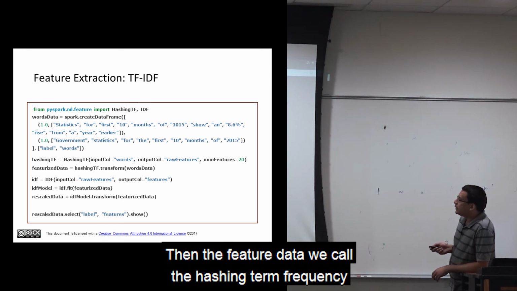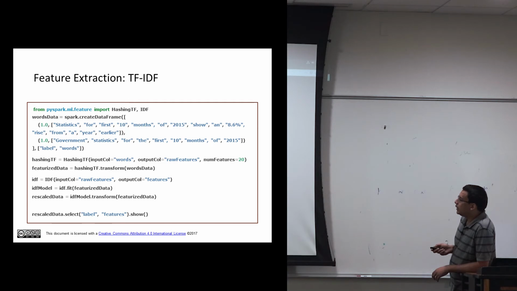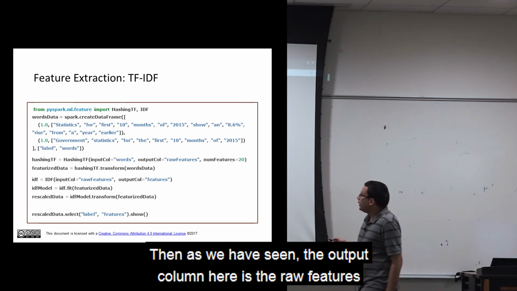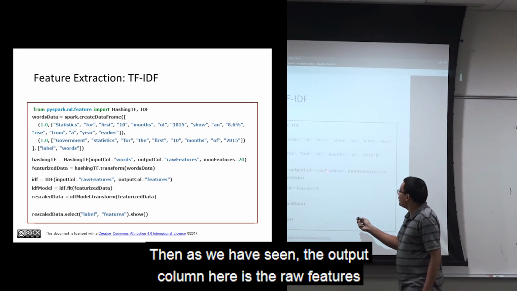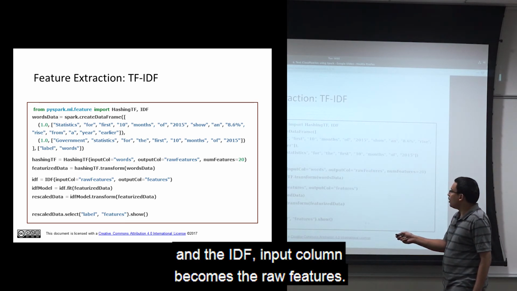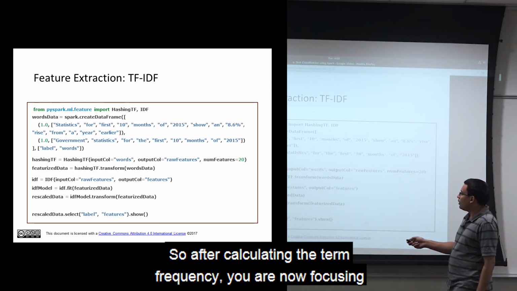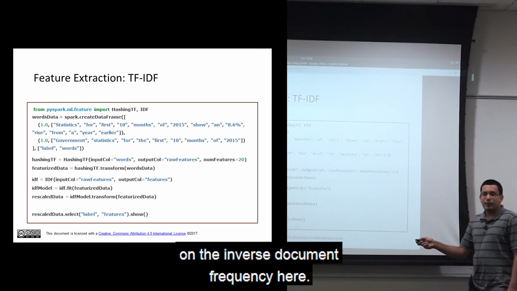Then for the feature data we call the hashing term frequency instance and transform the word data frame. As you have seen, the output column here is raw features, and the IDF input column becomes raw features. So after calculating the term frequency, you are now focusing on the inverse document frequency.